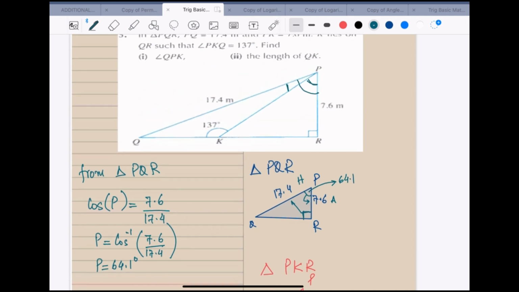Let's say if I have to mark with a different ink, then let's erase all the other ones. So the green one is 64.1. I'll have to find out now the small one here.